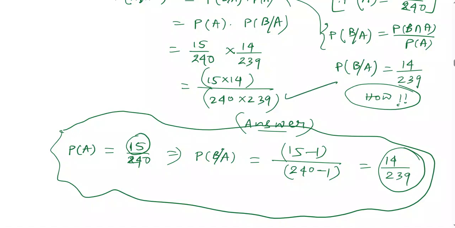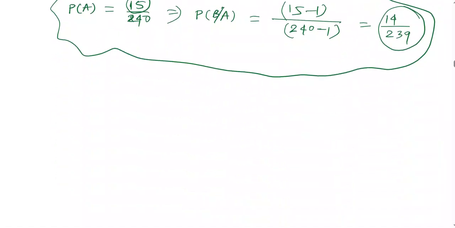This is the final answer. Okay, I think if I discuss it in this way, it is clear for you as well, and I think it is more effective for those students who are trying to learn probability for the first time.